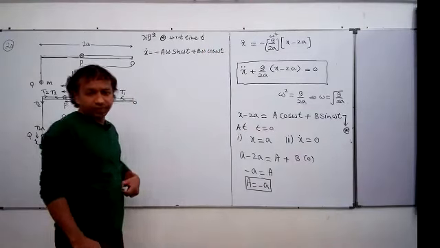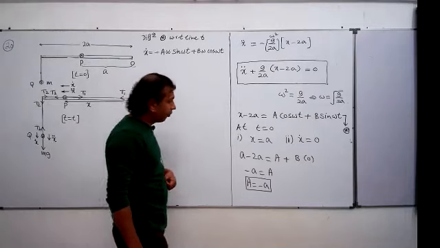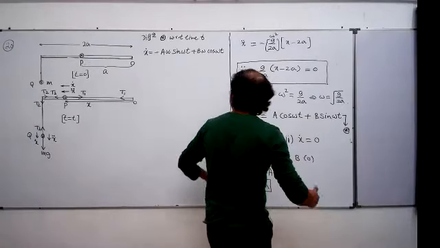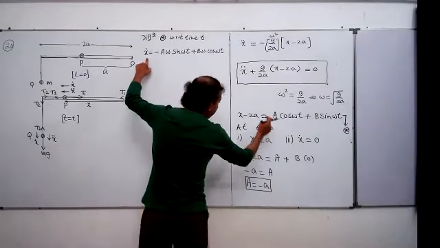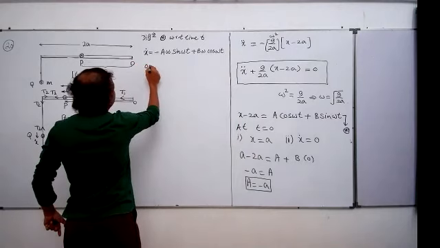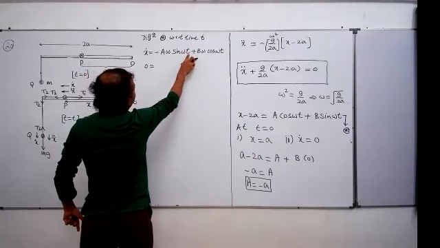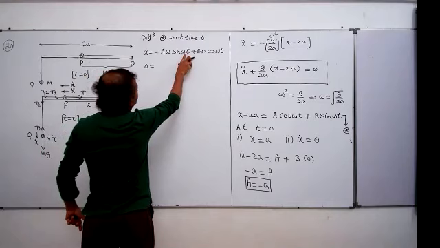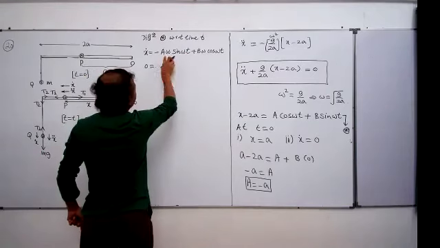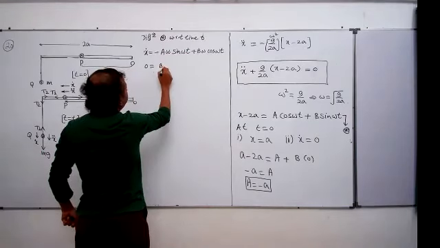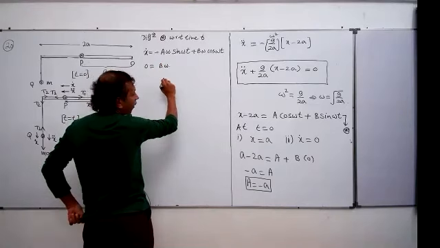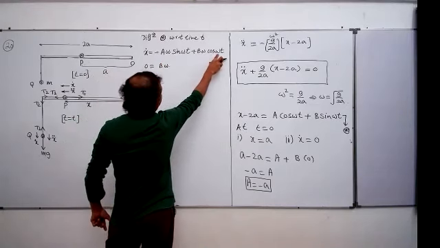Now we substitute for x dot: x dot is 0 when t equals 0. When you put t equals 0, sin 0 is 0, so that whole term will be 0.